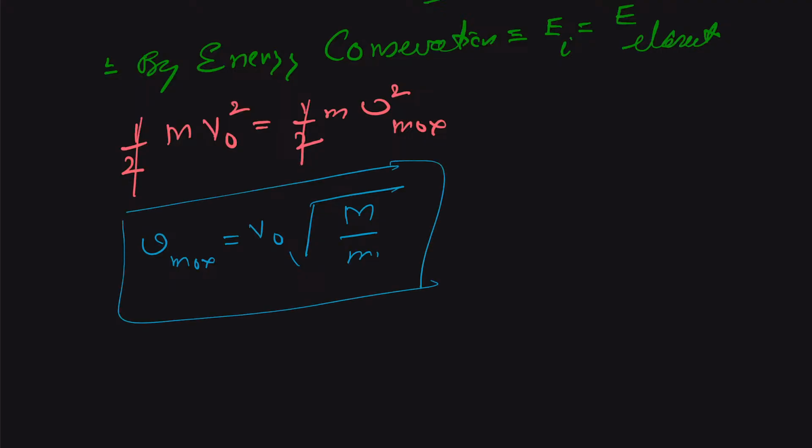So at the distance of closest approach, the velocity of the ball is our maximum velocity governed by this particular equation. Now we have to relate the velocity to the distance of closest approach, that is d minimum.